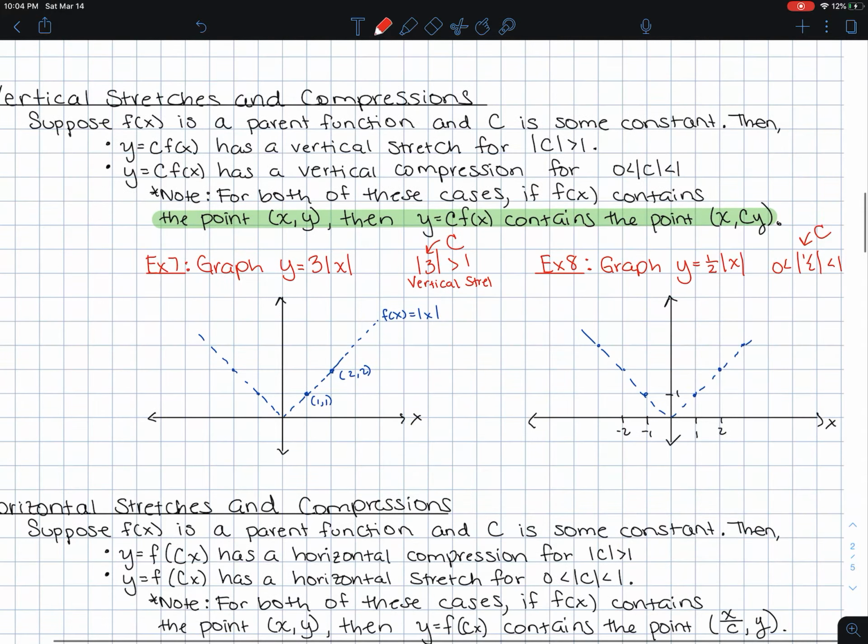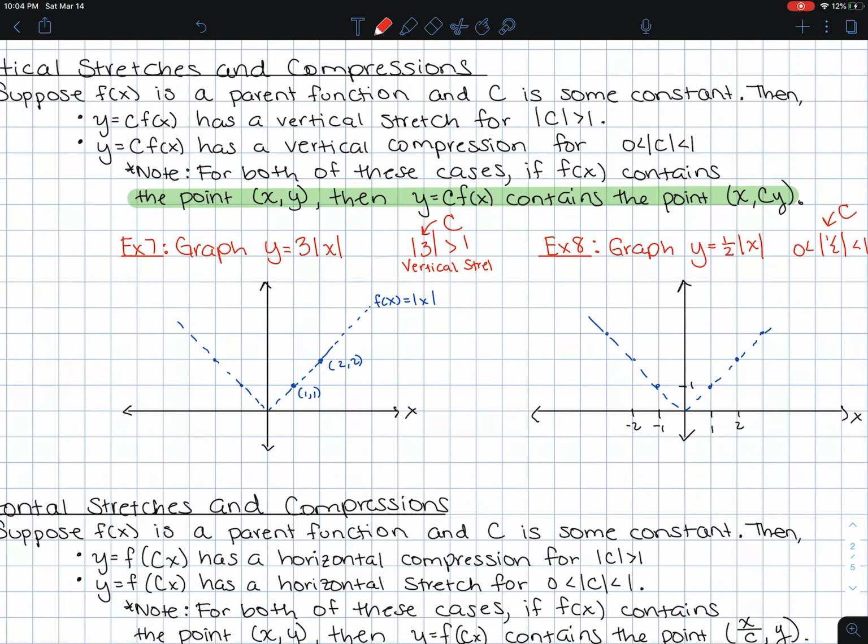I find that it really helps me to write the points of the parent function and then shift them from there. So one of our points was 1, 1. And our new point is going to be 1 comma our value of y times the constant. So our value of y is 1 and our constant was 3.